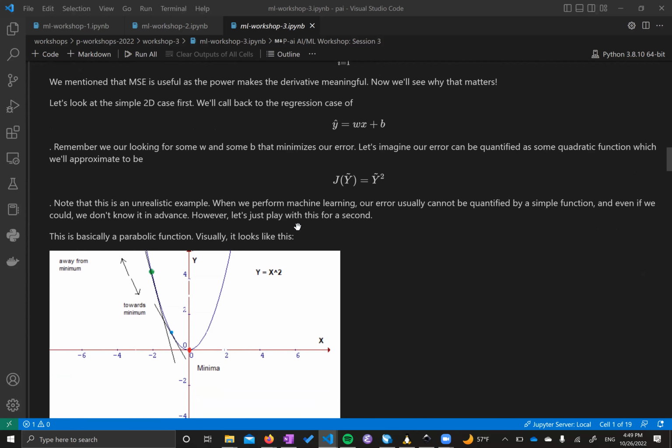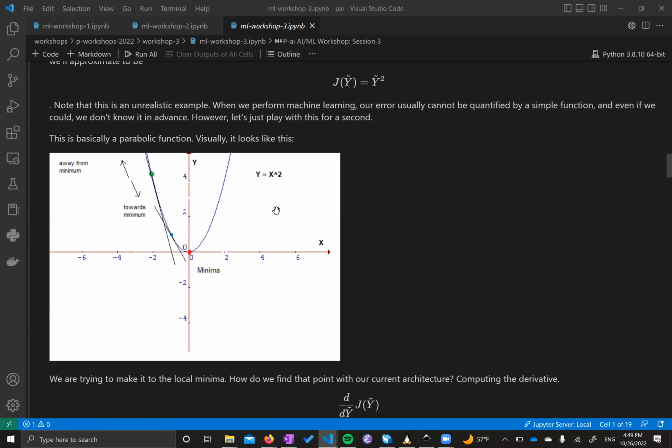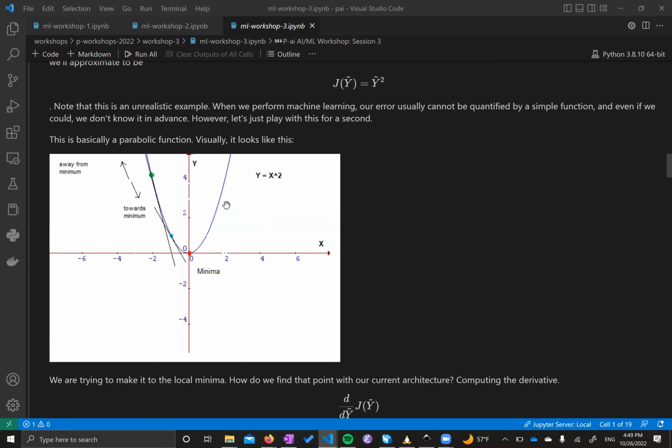This is also a pretty unrealistic example, because typically when we have a problem we actually want to apply machine learning to, a simple parabolic function probably won't quantify the error. But if we imagine J equals y squared, even though this is something different, and look at this parabola, what sort of mathematical formalism can quantify how steep it is?